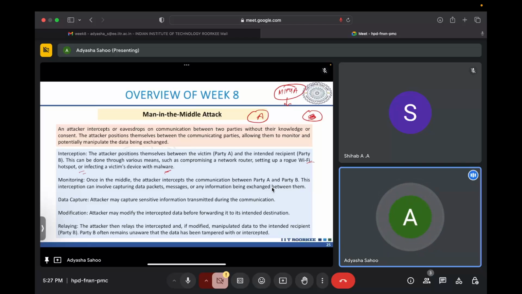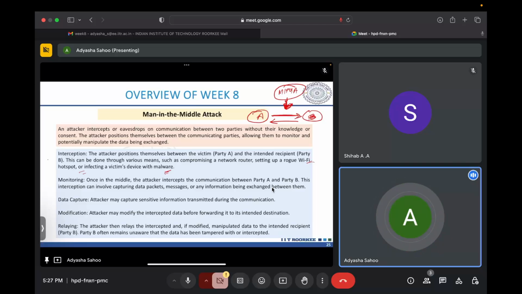So first it will position itself in the communication network between them. Then it will try to read the information that is being passed between them. First it will position itself here, then it will see what information is being passed. After that, it may also try to manipulate the data that is being communicated between them.